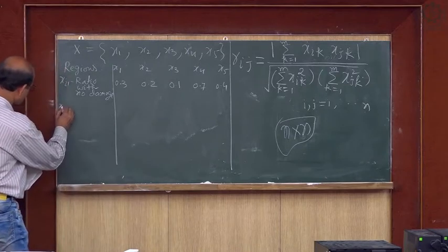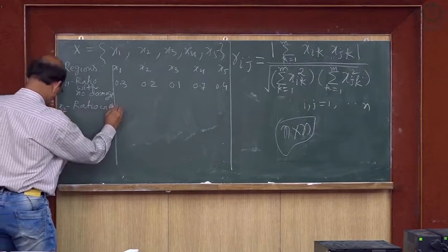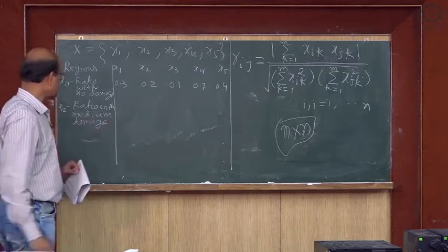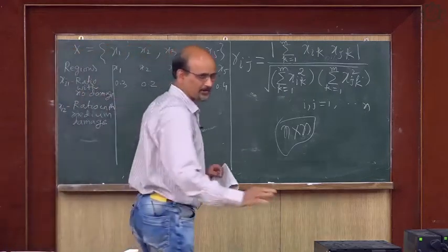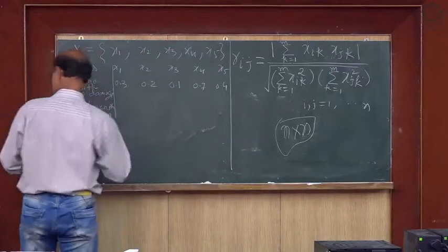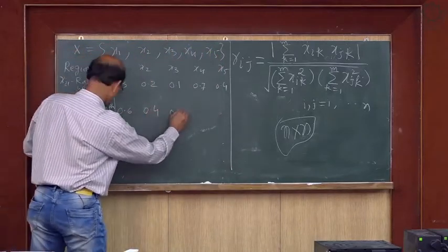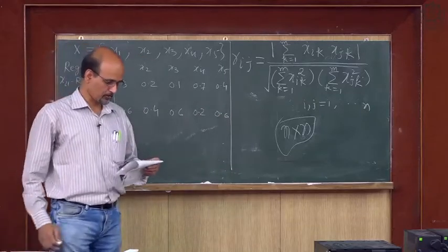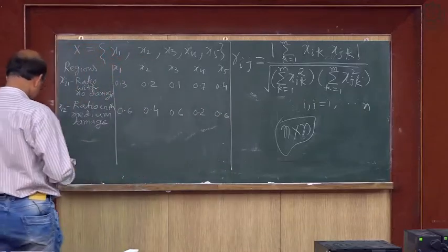Similarly, xi2, ratio with medium damage, and these are suppose 0.6, 0.4, 0.6, 0.2 and 0.6.